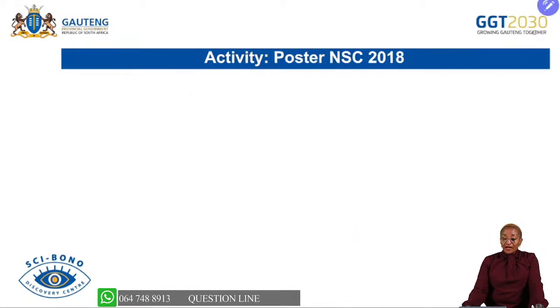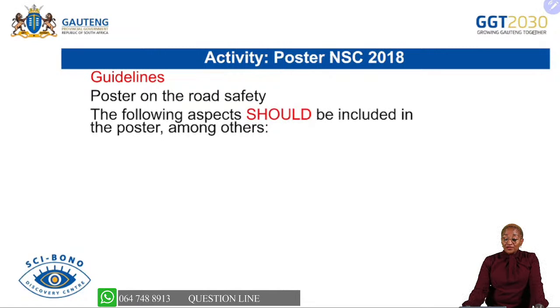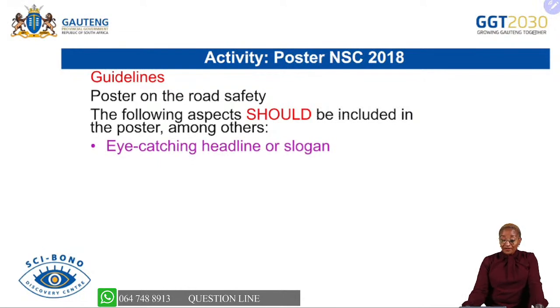Let's have a quick guide to how to write that poster on road safety. The following aspects should be included in the poster, among others: an eye-catching headline or slogan.